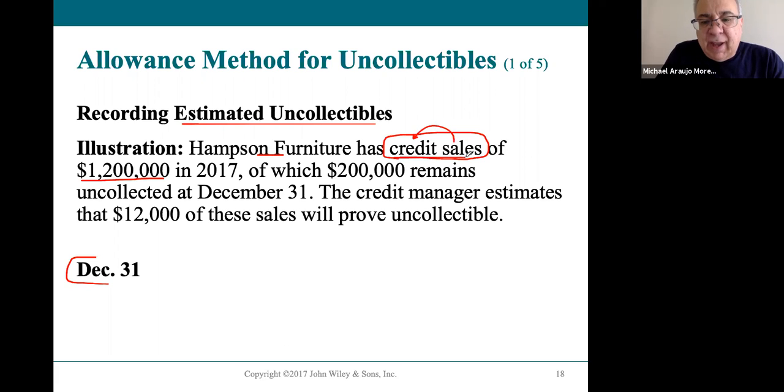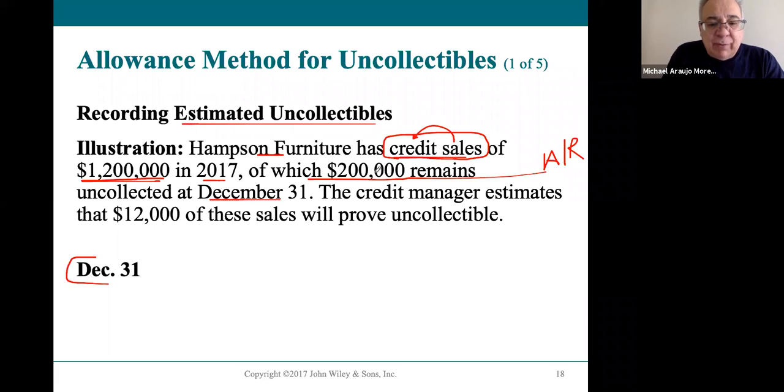Credit sales and sales on account mean the same thing. So during 2017, they sold $1.2 million worth of furniture on account, okay, throughout the whole year. At the end of the year, $200,000 of that is still there. So this $200,000 is their accounts receivable.